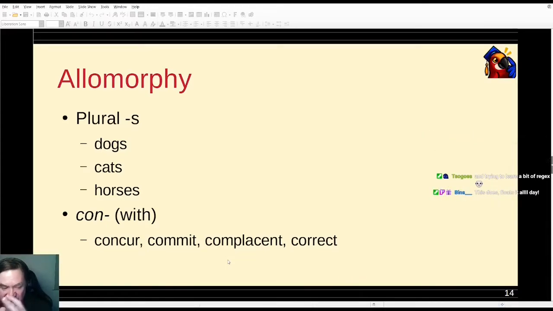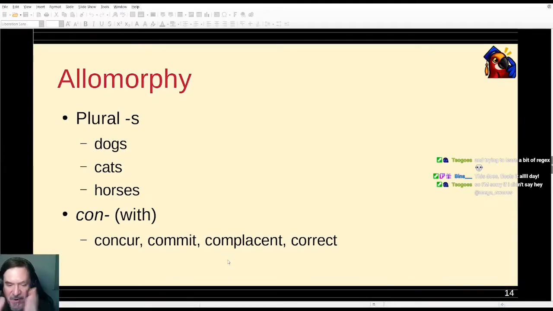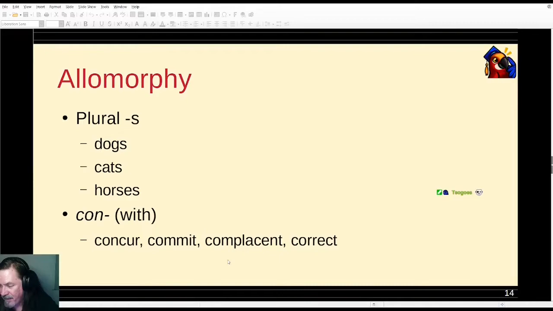For a lot of letters, it stays as the N, but in front of M, P, and B, the N changes to an M. This might sound totally arbitrary, but if you try pronouncing it, you'll see that it's a very natural change in the articulation. So, con-mit: notice how you have to change the place in your mouth where you are pronouncing these things.